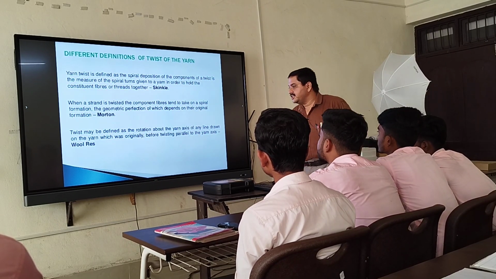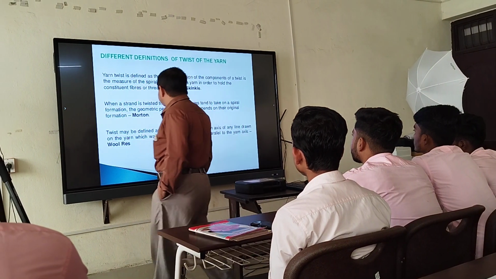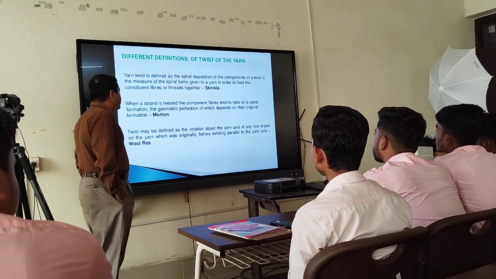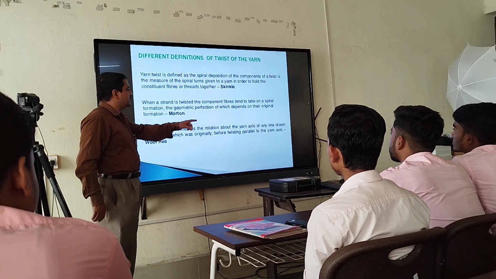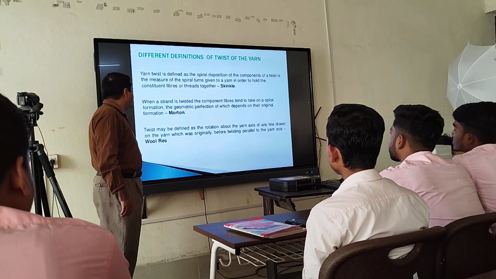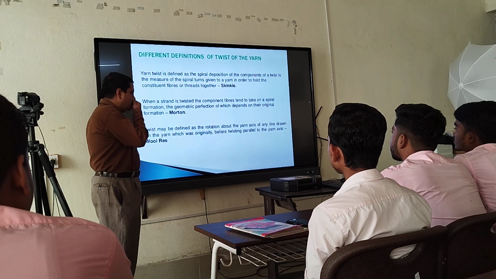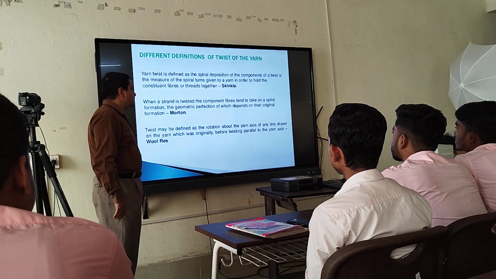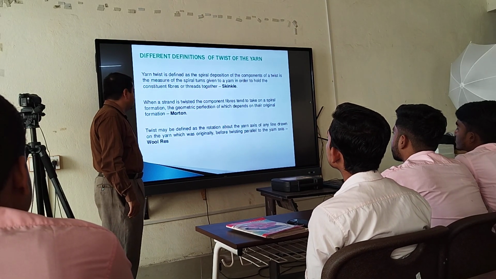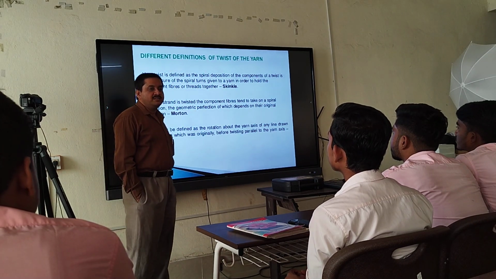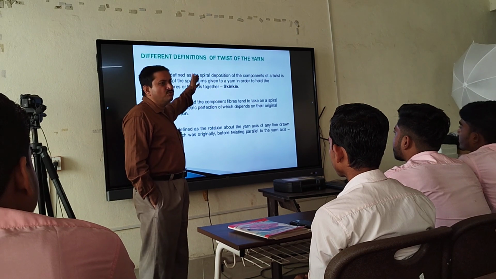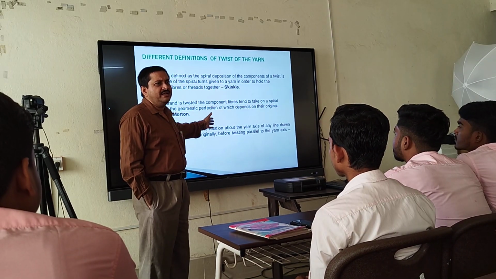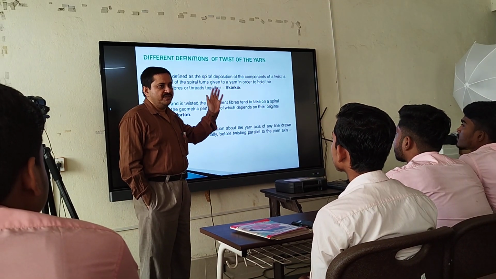According to the Wool Research Organization, twist may be defined as the rotation about the yarn axis of a line drawn on the yarn, which was originally, before twisting, parallel to the yarn axis. This is the view of the Wool Research Organization. So different schools of thought and different organizations have defined twist.